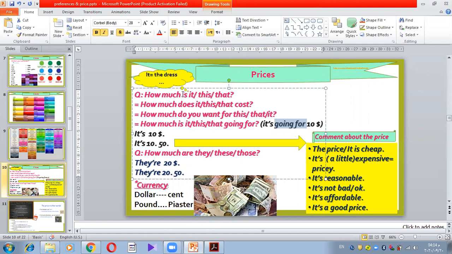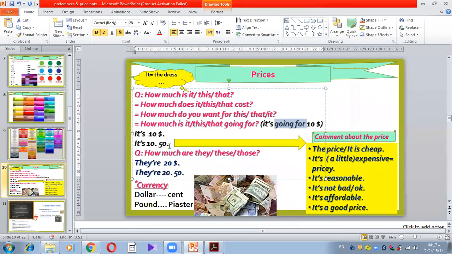The same. Simply instead of is or it, use they, or these or those. How much are they? How much are these? How much are those? They're $20, if that's the exact number. They're 20.50, for example. Okay? So it's the same, just instead of saying it, you say they.